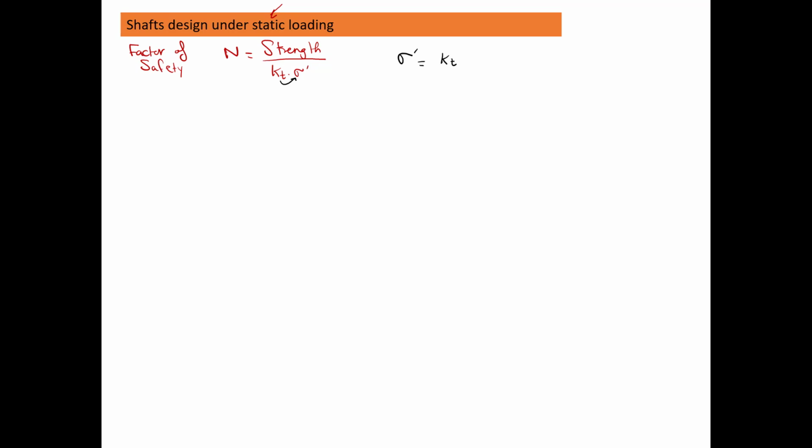So you will have to use KT for axial or bending times sigma x squared plus KT sigma y squared minus KT times another KT, so KT squared sigma x sigma y, that's coming from KT times sigma x, KT sigma y, plus 3 KT from torsional or shear tau xy, all squared, all this under the square root. So we'll find the maximum stress from there and then we'll use it.